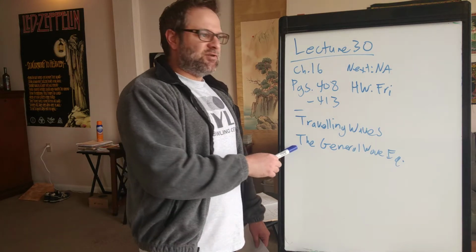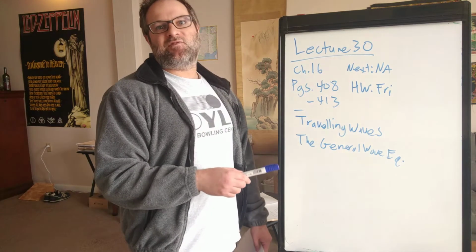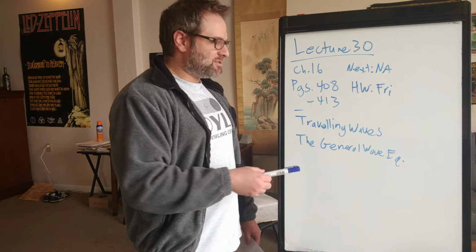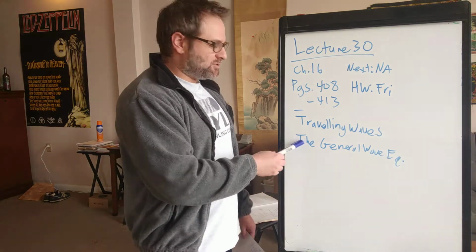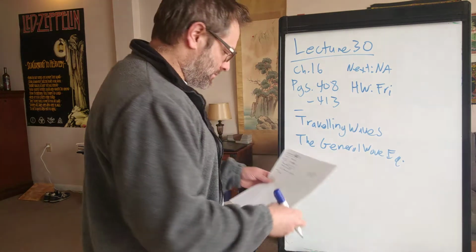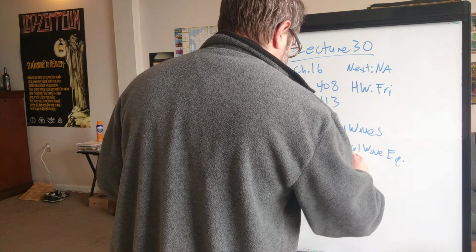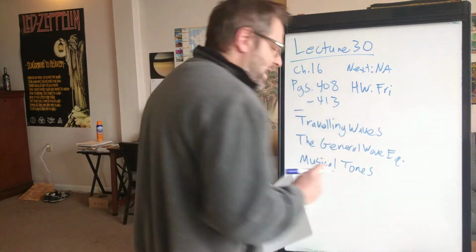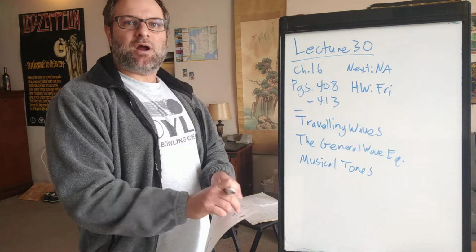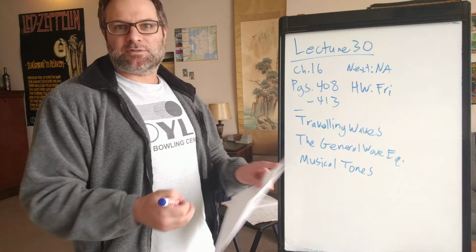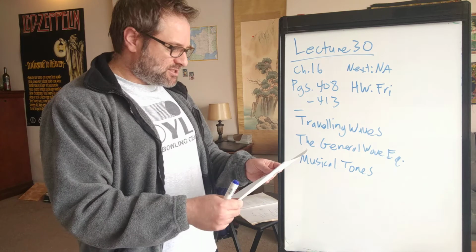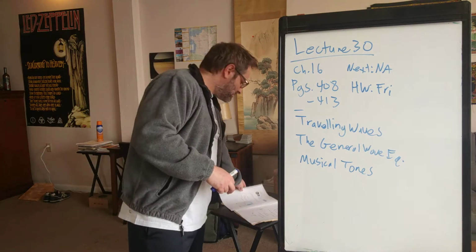If you were to make a list of the 5 most important equations in science and engineering, this would probably be on there. And we're going to talk about musical tones. How does music arise from plucking a string? So we'll actually derive that from first principles, which should be kind of fun.